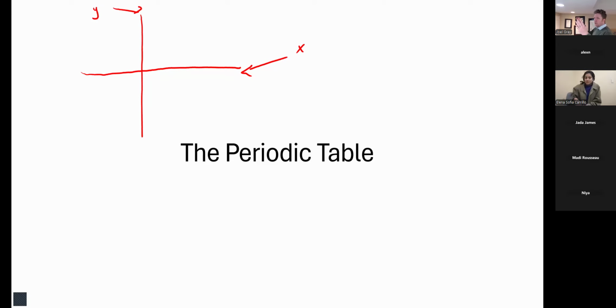Likewise, you can look at me on camera and say my right hand that holds my stylus is farther from the camera than my left hand. What you're utilizing there is what's known as the Z axis, the one that comes out of the page.